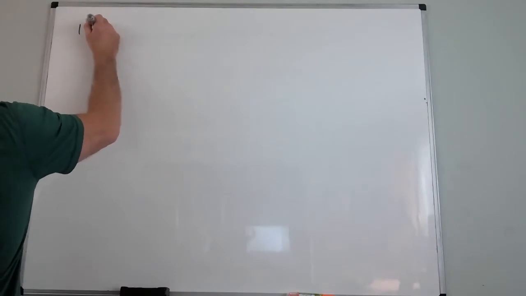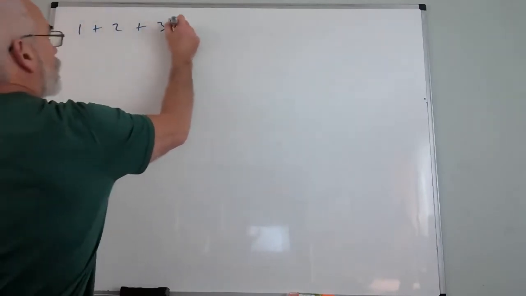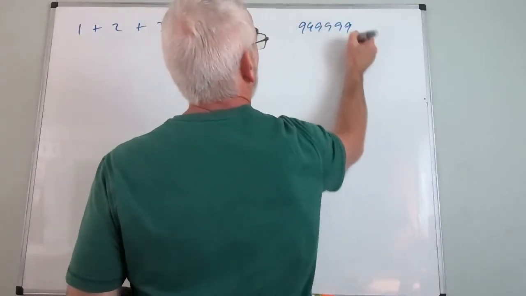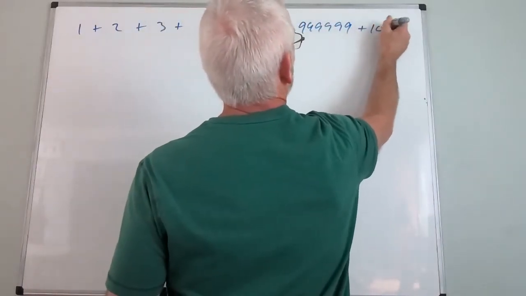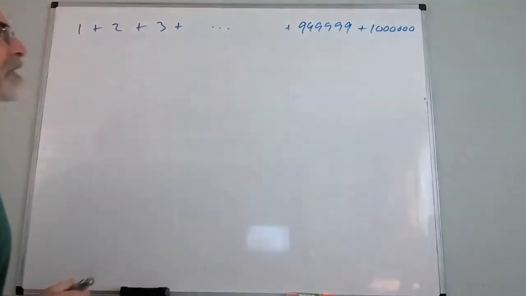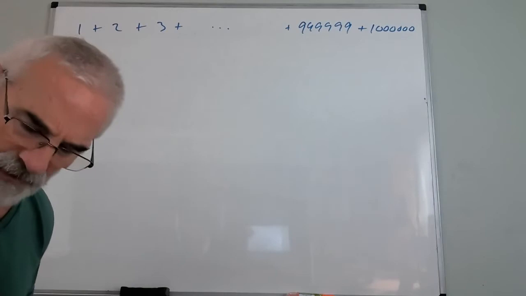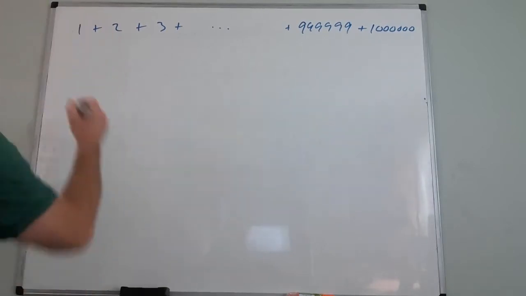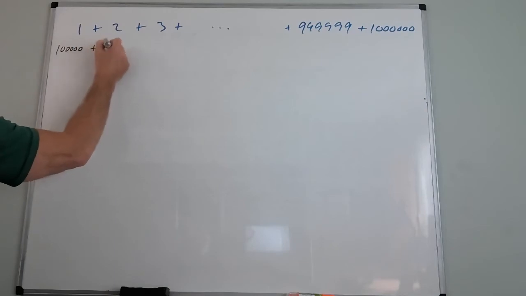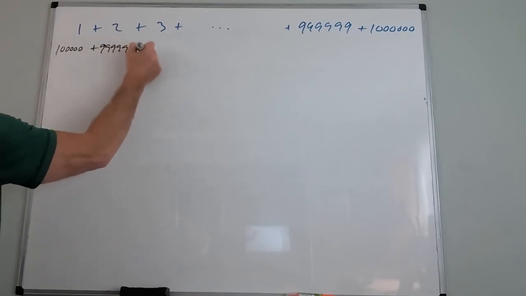Well, this is actually how we derive some of the formulas we derive. So he did 1 + 2 + 3 + ... + 999,999 + a million. And he says, well, if I write the numbers in reverse order, there's my million, and then there's my 999,999 and so on.